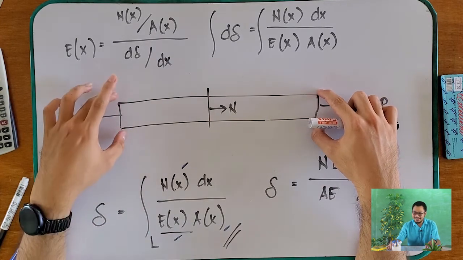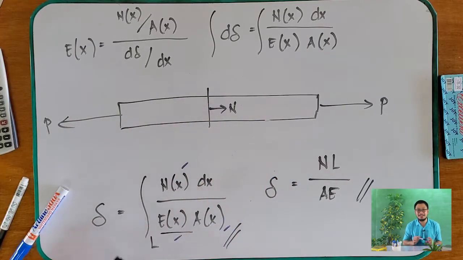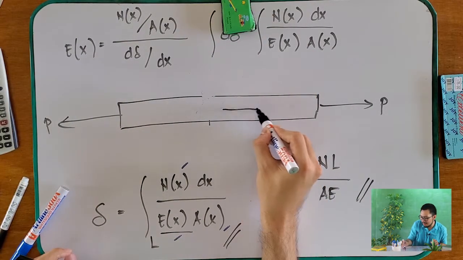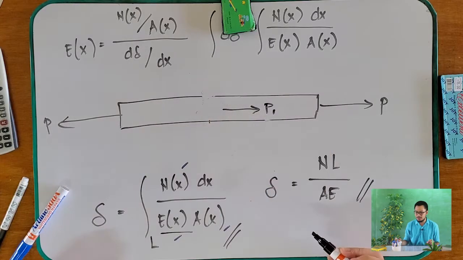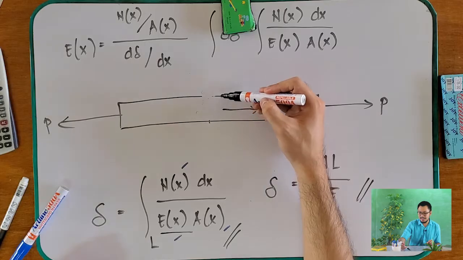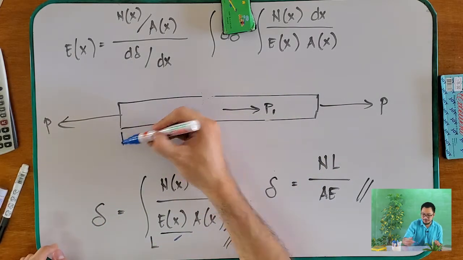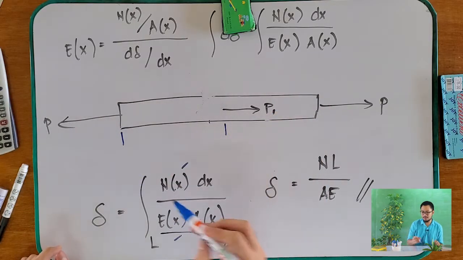Take note, this L means the length over which N is the same. For example, here we have P and another load P1. So your N here is the internal normal force from here to here. Okay?